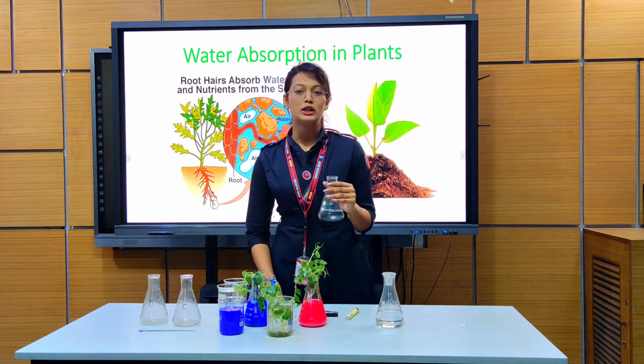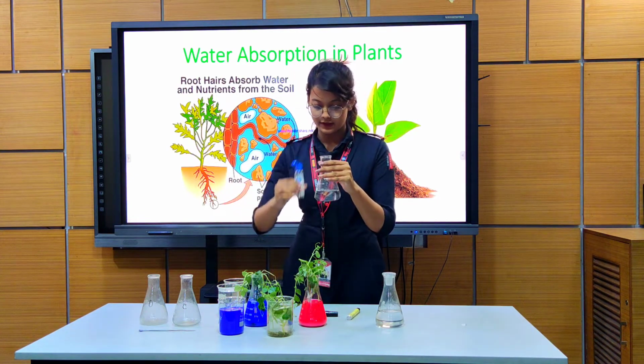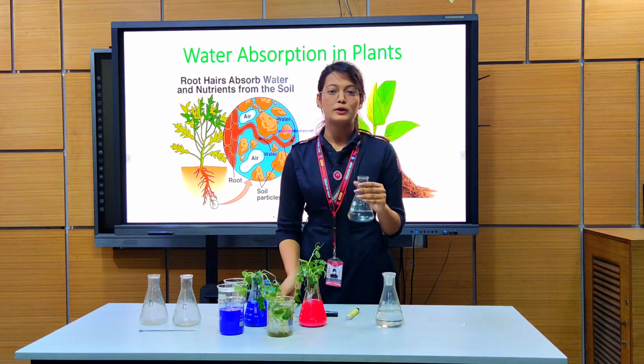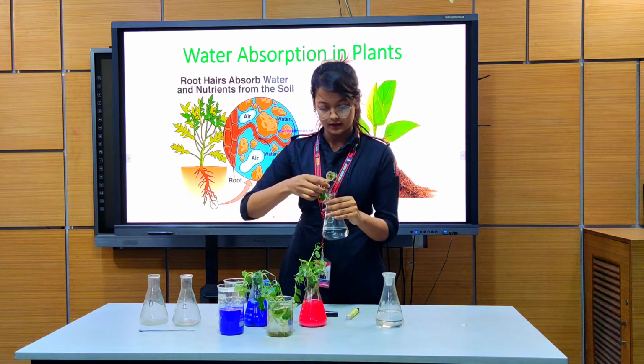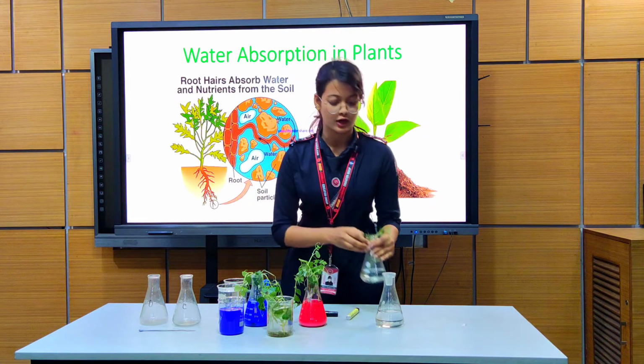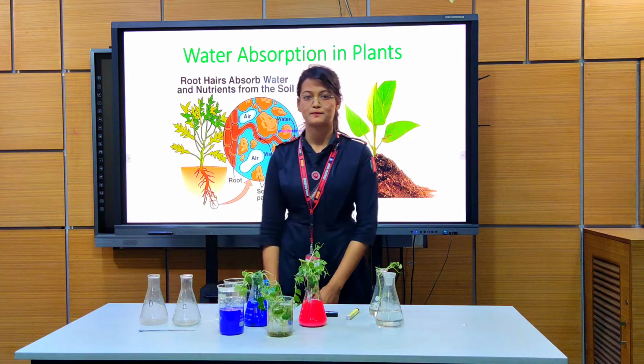Then we have to put oil in this water. Then we have to put a plant with root and keep it for 24 hours. This is the end of my experiment, and this is going to Ogni.